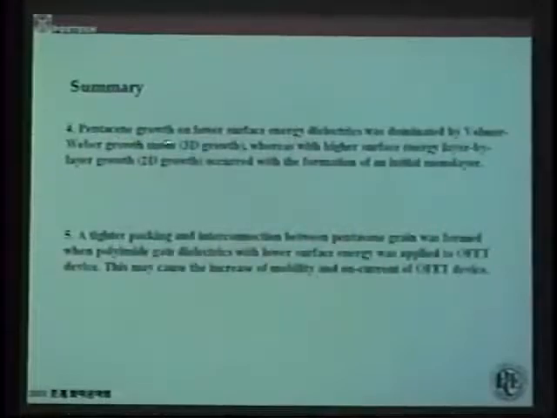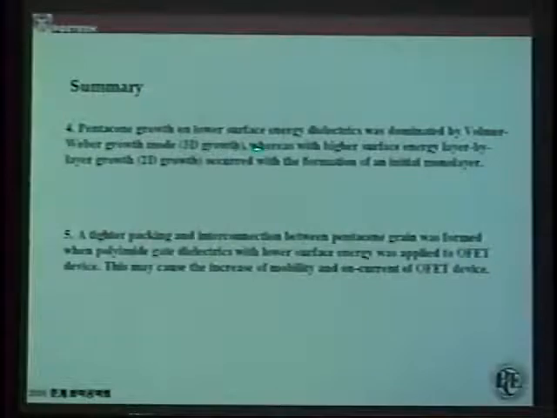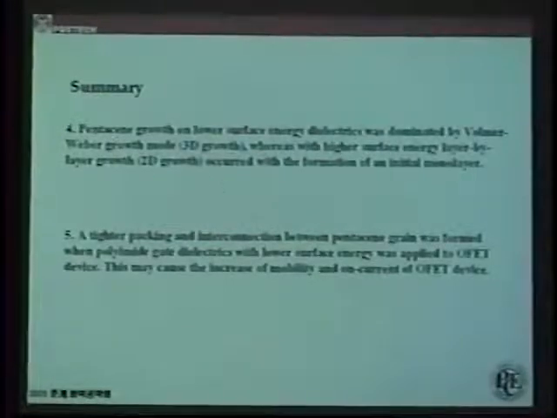The reason is that instead of 2D growth, we have 3D growth. Therefore, we have tighter packing and interconnection between the pentacene grains. In fact, if you have 2D growth with a higher surface energy, even though the first layer forms very easily, the first layer is not connected.